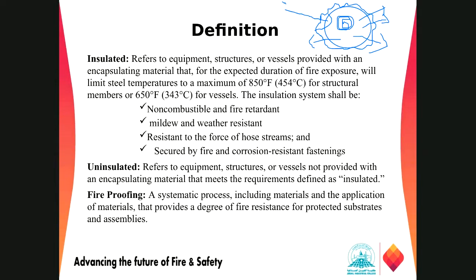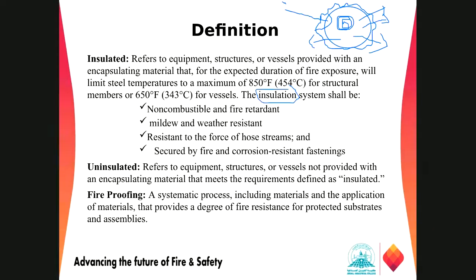And we have different types of insulation, right? The insulation system shall be non-combustible and fire retardant, resistant to the force of hose streams, and secured by fire and corrosion resistant fastening. Now they are talking about the quality of the insulation.